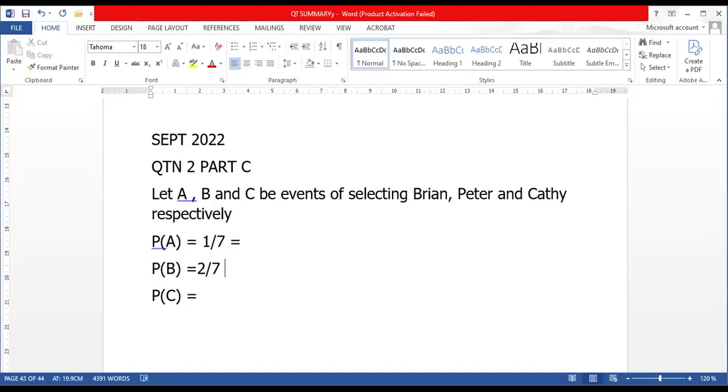Then here 4 out of 7, which is 0.57. That is the last one. The first one is 0.14. Then here 0.29.